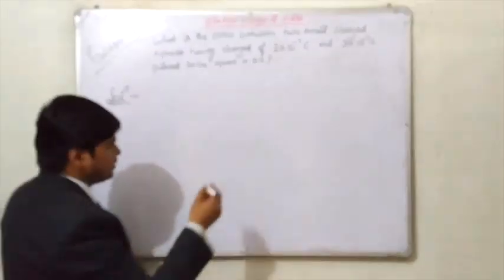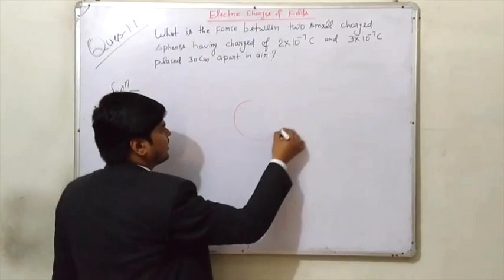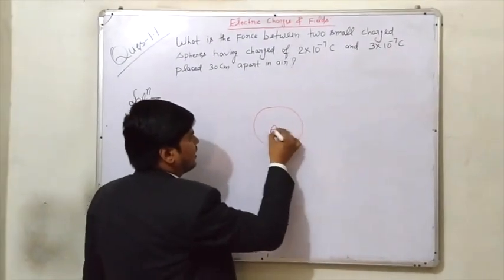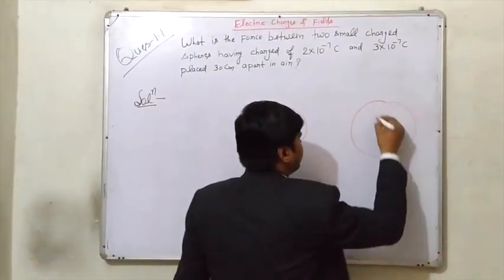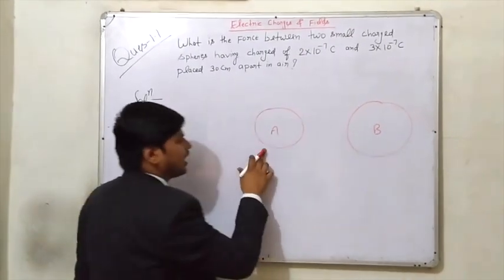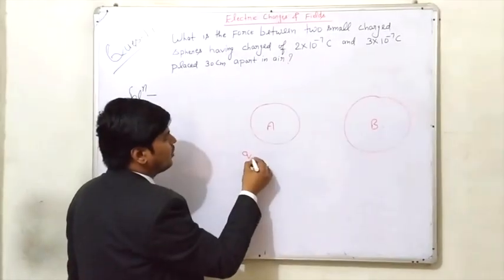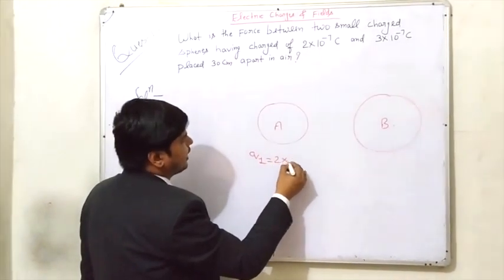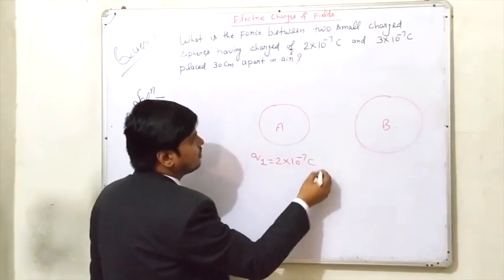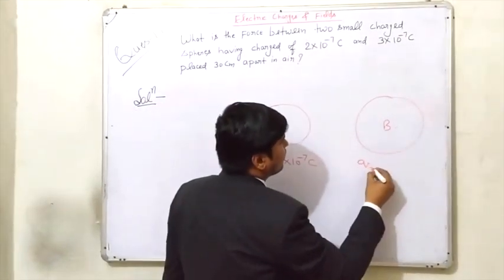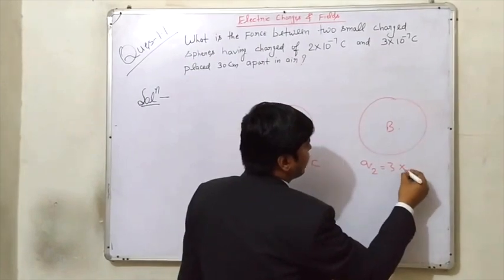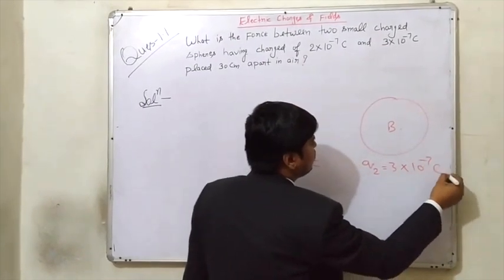So students, there are two charged spheres, one is A and the second is B. The charge on sphere A, Q1 equal to 2 into 10 to the power minus 7 coulomb, and Q2 is given, Q2 equal to 3 into 10 to the power minus 7 coulomb.